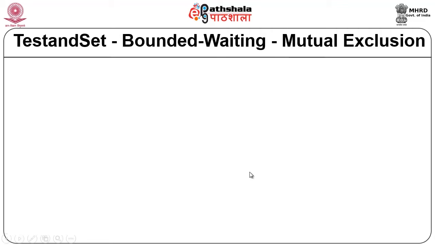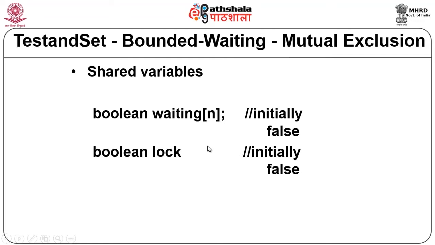So, another algorithm was designed which tried to include the test and set instruction as well as the swap instruction, and they tried to come up with a solution. In this algorithm, there is a variable called waiting, that is an array. It is a Boolean array with n number of elements in it. And there is another variable called lock.